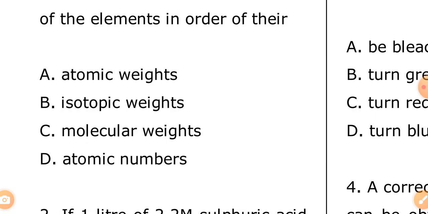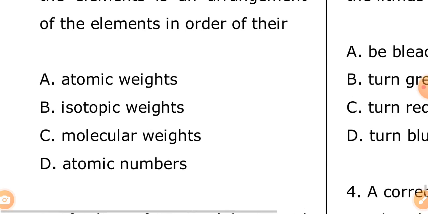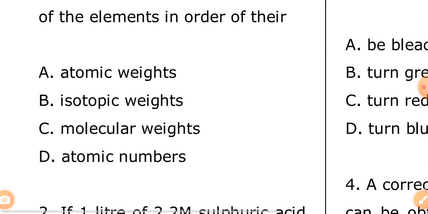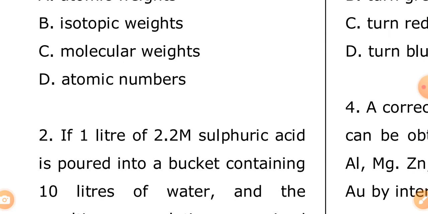B, isotopic weight. C, molecular weight. D, atomic number. What is the answer? The answer is atomic number. In the periodic table, elements are arranged according to their atomic number. Okay, did you get that one? Should I write on? If you are following and you want me to make more videos, you tell me to write on and I will write on.